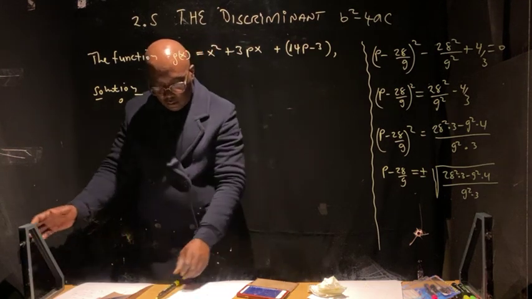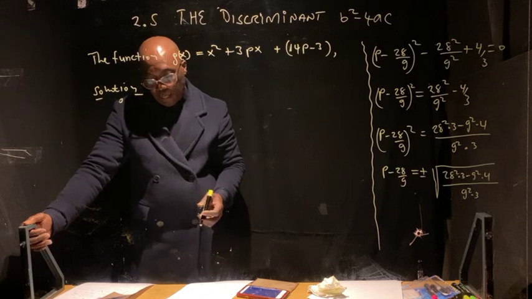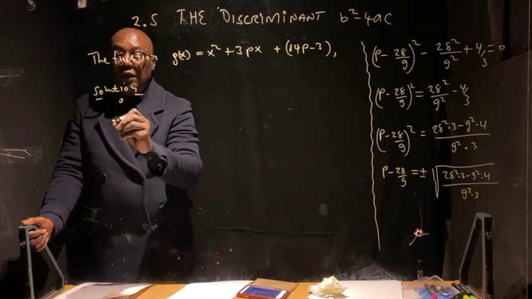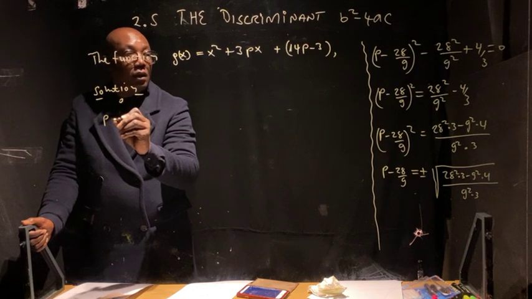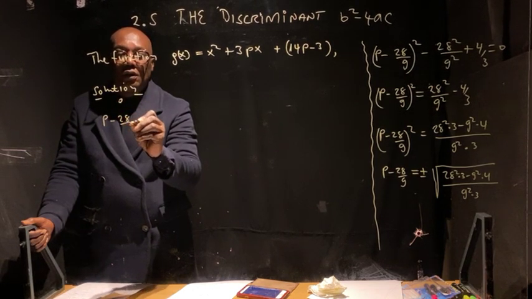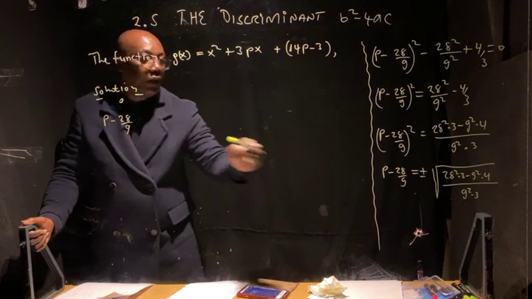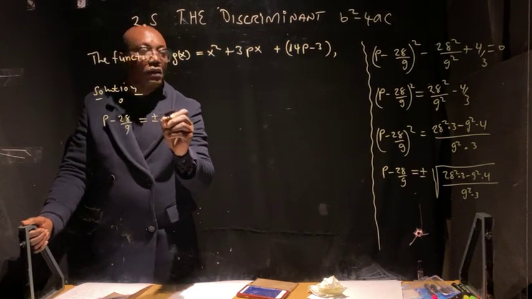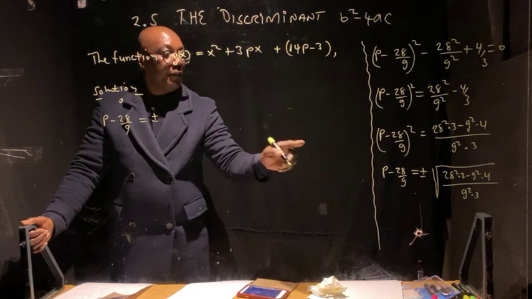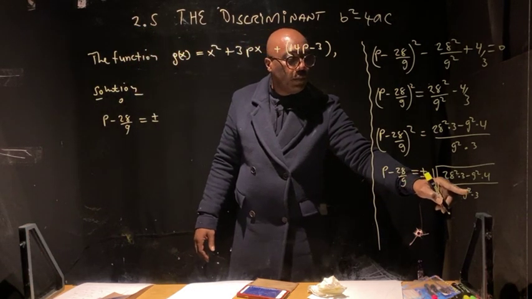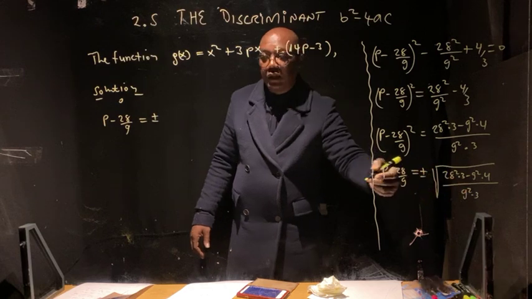Okay. Now, here we are, picking from there. We have P minus 28 over 9 equal plus or minus, because it is a square, we can bring it outside.